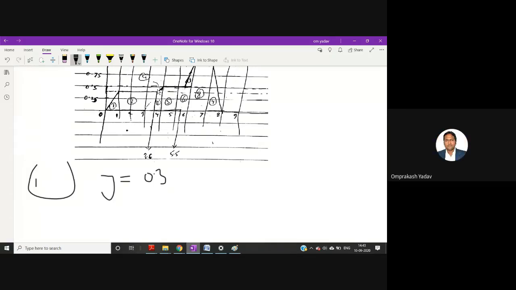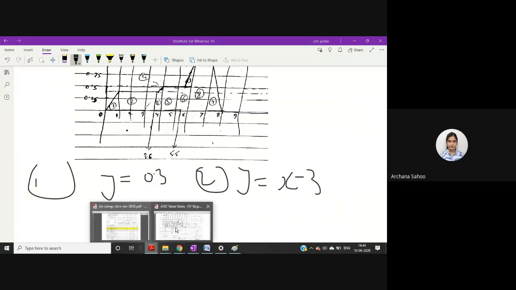This line? y is equal to x minus 3. This is the equation, right? Okay. So what we can do, if we want to determine, I guess that is the equation, but I'm not sure. I have to just solve it once, and then only I can say it for sure.